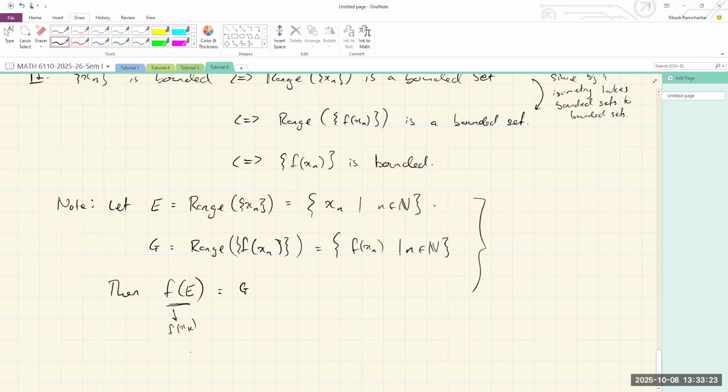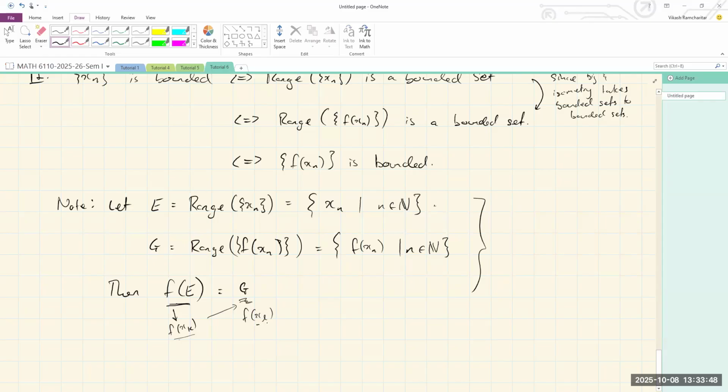Clearly this will be in G, because G is the range of these things. And if you take any element in G, then G is the range of points f of xn, so it will look like f of xl.